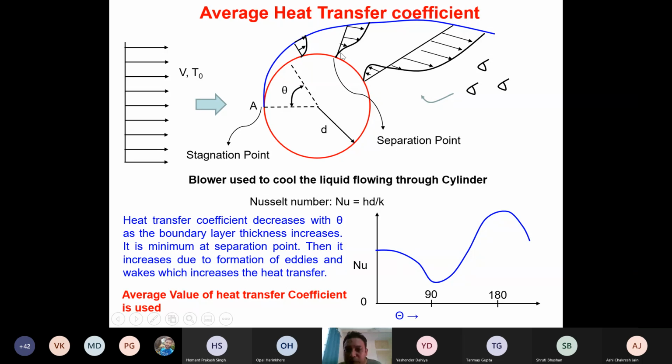That takes place after the separation point. Till this point there will not be any backflow, but somewhere at this location there will be a pressure drop. Is it clear? Yes, sir.